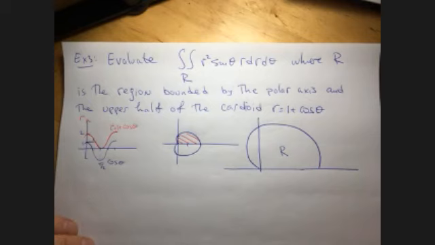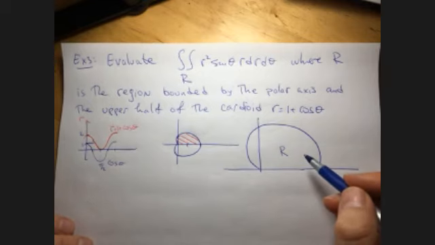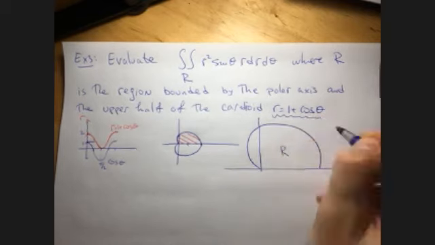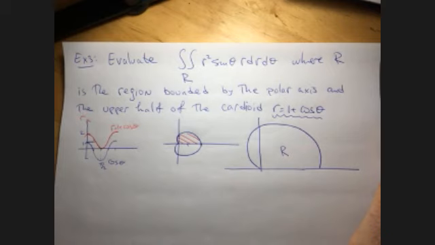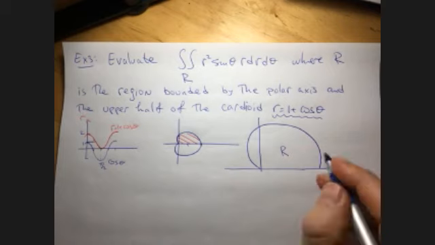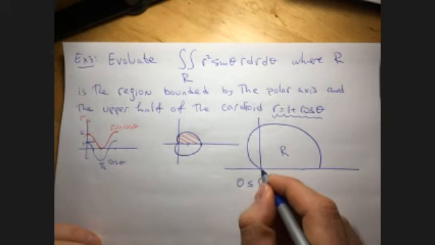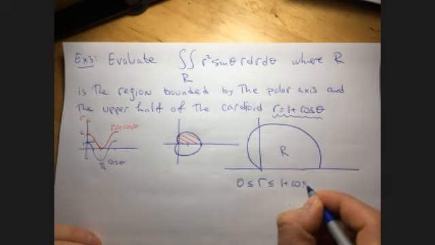The problem here is that the radius is not bounded by a constant, like in the previous examples. It doesn't go from 0 to 2. It doesn't go from 1 to 2, and so on. It's bounded by this curve right here. Okay? So the radius is between 0 and 1 plus cosine of theta.